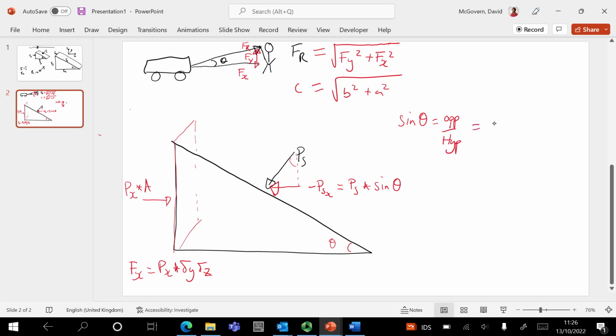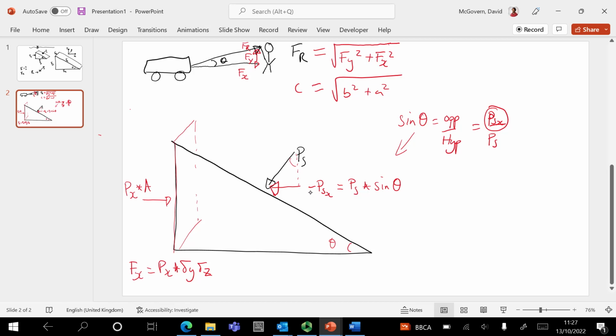In this case, we have the hypotenuse, that's PS. We don't know what the opposite is, which is PSX. So we would multiply PS by the sine, like this, to get whatever PSX is. So now I've got the pressure component of PS in the x direction.